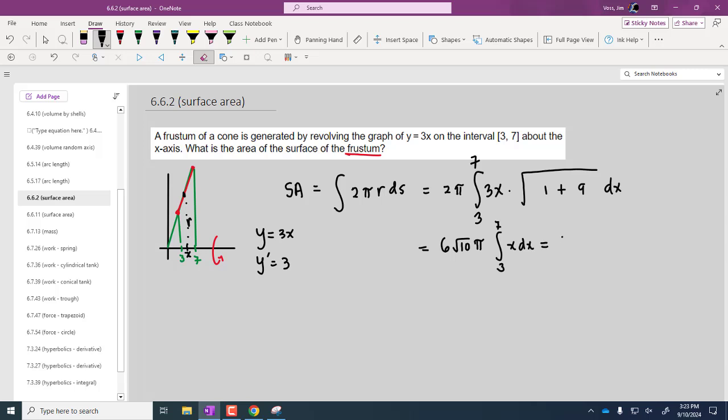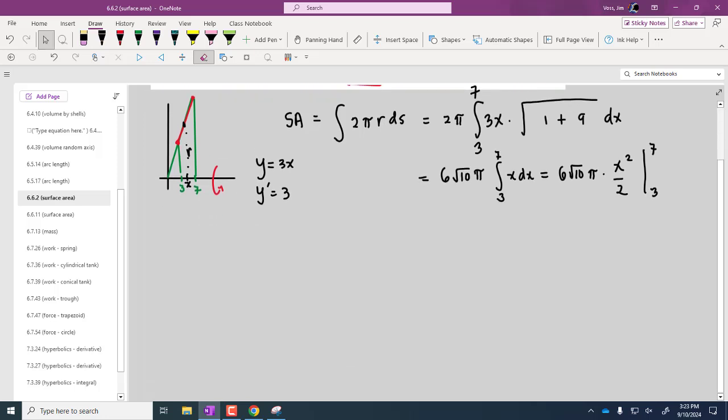And that's going to be 6 root 10 times pi. And then we do x squared divided by 2 from 3 to 7. Well, I guess we're going all the way on this one. So 3 root 10 pi, 49 minus 9.